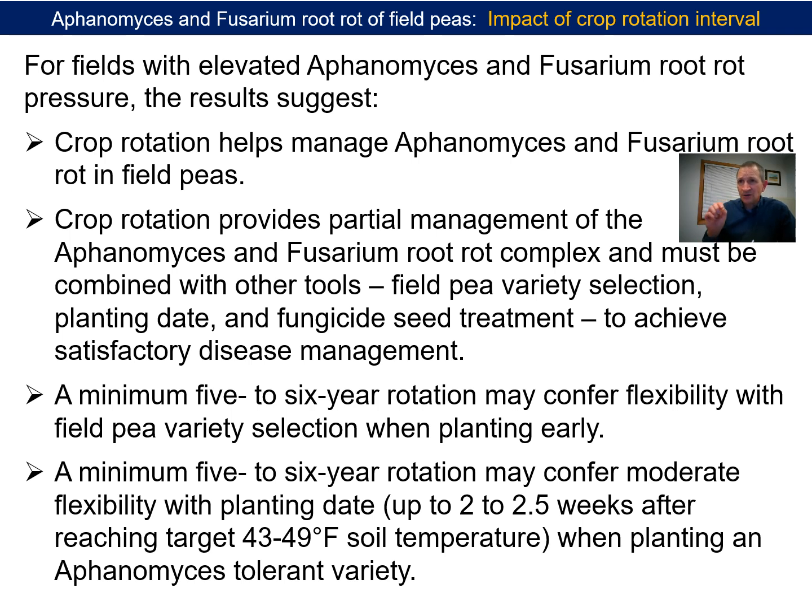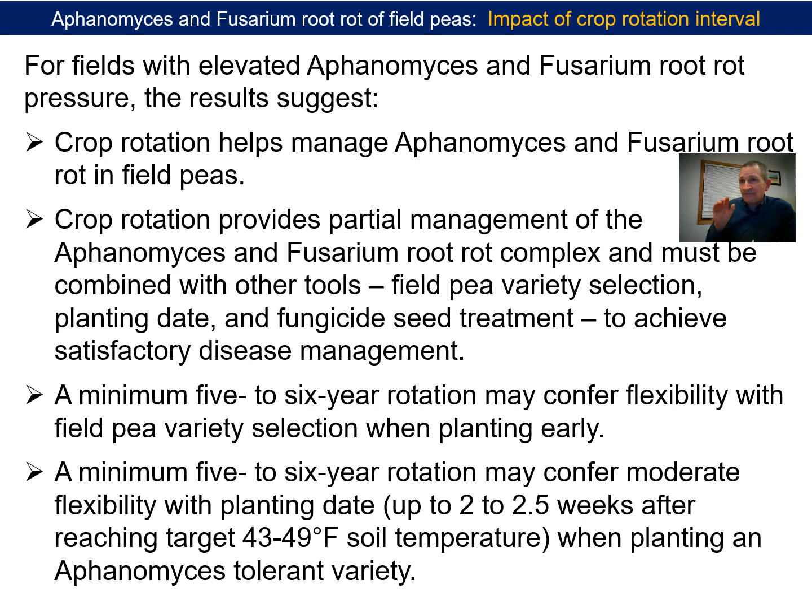I want to close, though, by giving you a warning. These data have been generated primarily in Carrington. We need to see these results replicated across multiple locations before I have confidence in them, especially the field pea variety selection impacts that we've observed.